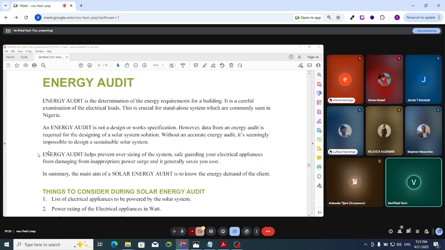And it is also a fact that when you oversize your system, when the cost of installing that system is high, your client might be discouraged. So you must carry out what we call a holistic energy audit on any facility you want to install a solar power system.